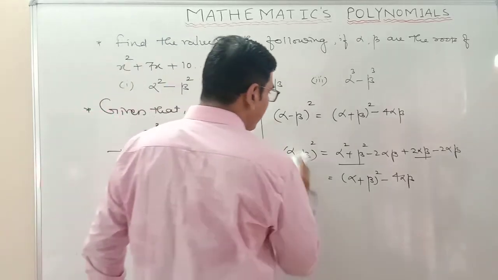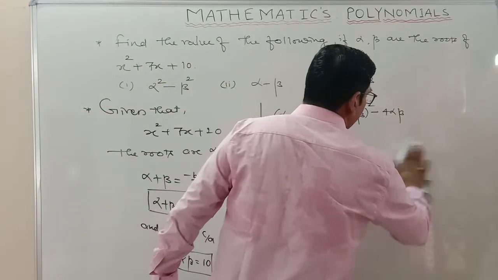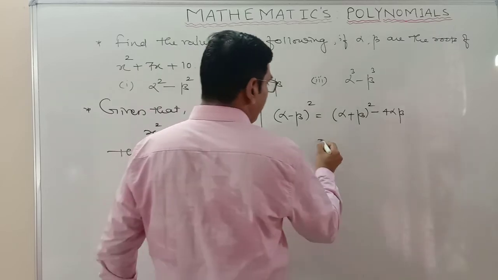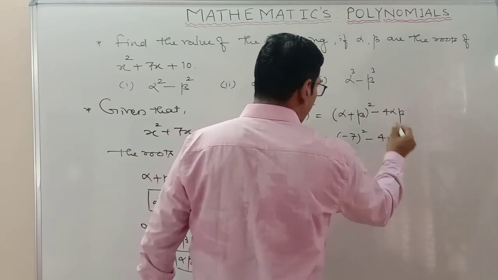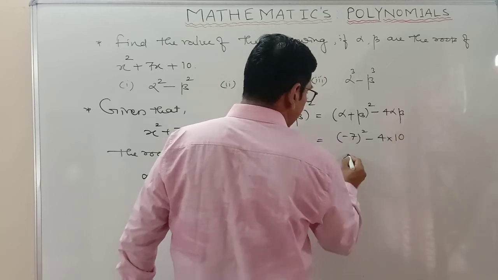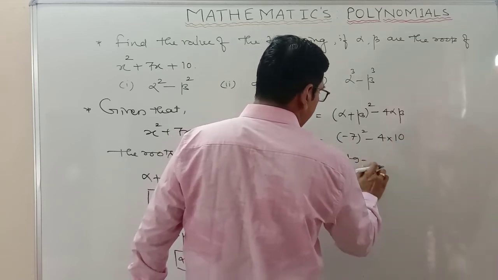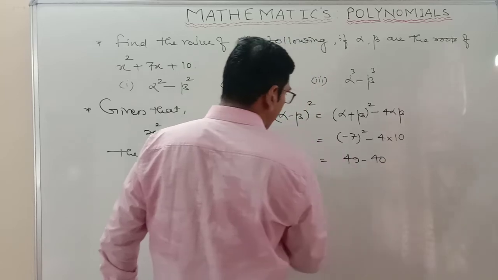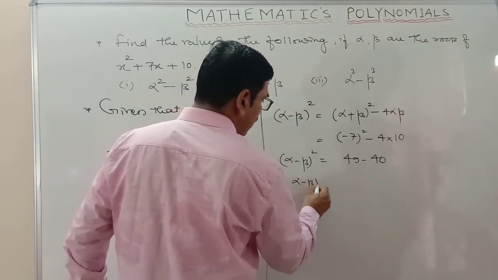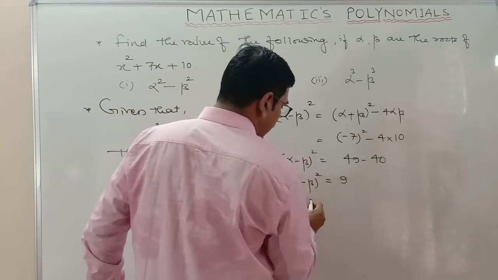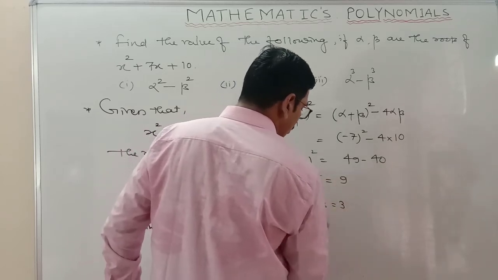So in this way we will determine the values. Alpha plus beta, as you know, is minus 7, so minus 7 whole square minus 4 times 10. It is 49 minus 40. So alpha minus beta whole square is 9 and alpha minus beta is equal to 3.